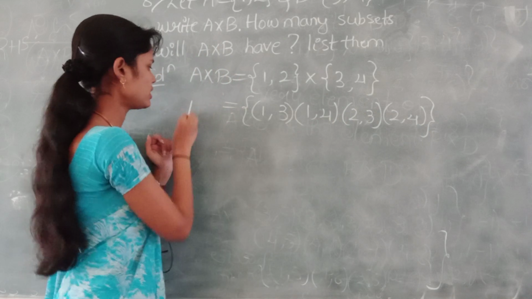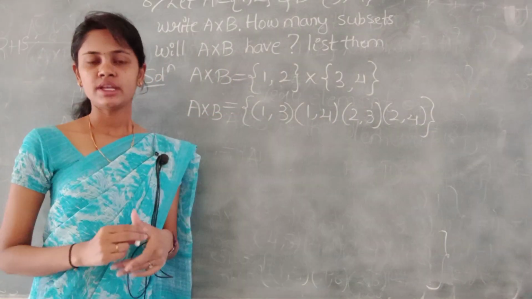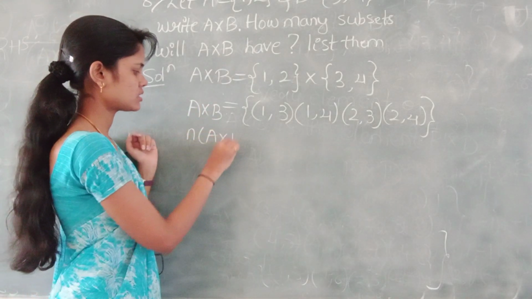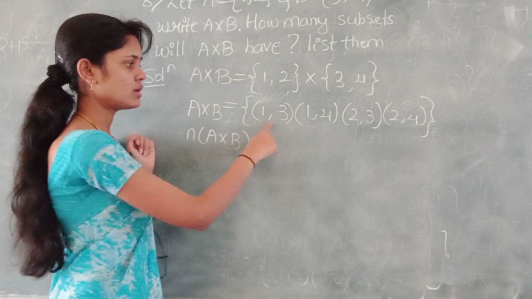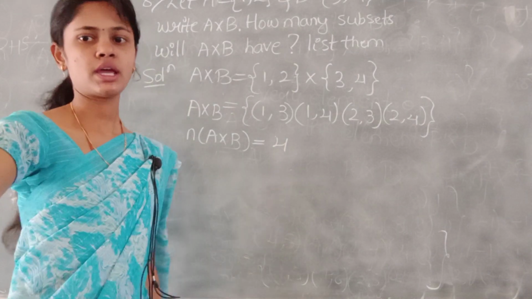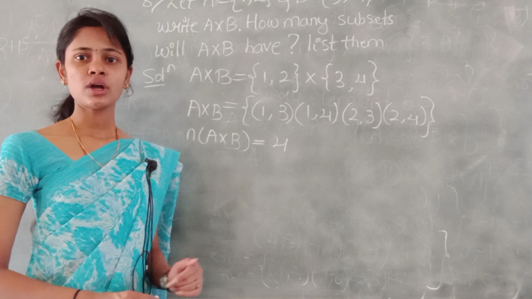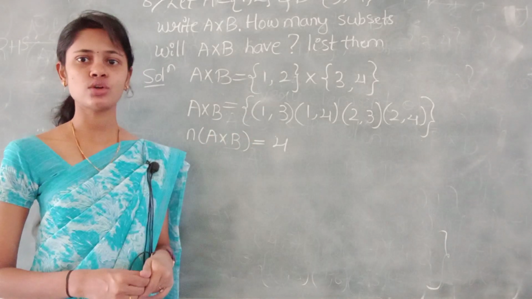This is the Cartesian product of A and B. Here n of A cross B is how much? The number of ordered pairs in A cross B is 1, 2, 3, 4. So 4 ordered pairs are there, that is, 4 elements in the set A cross B.